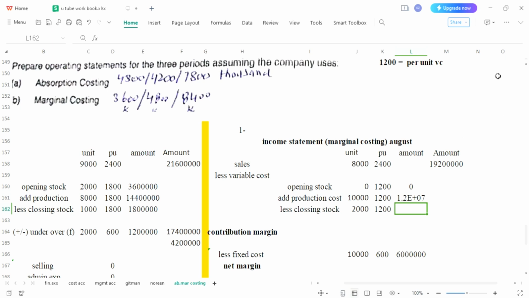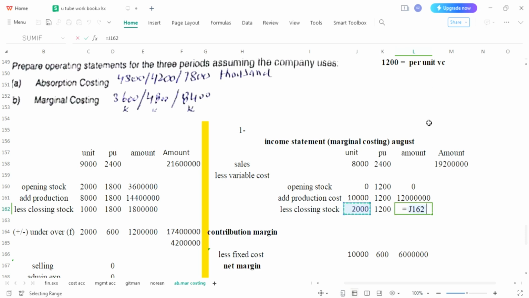In this way total production cost would be 12,000,000, and then closing stock number of units 2000, multiplied by 1200 per unit cost. Closing stock has also been calculated. So what we will do, we can now calculate our total variable cost.